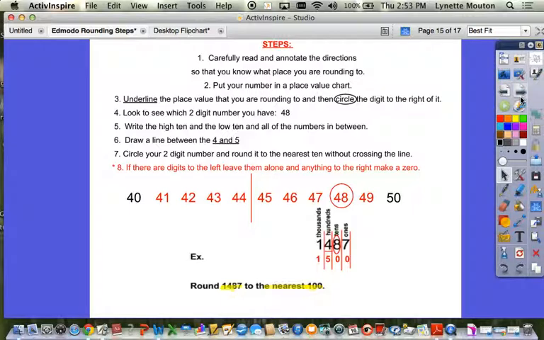So we rounded 1,487 to the nearest 100, and it became 1,500, okay? Here's the other thing that you need to look at. The last digit in your number that's an actual number is going to be the place that you rounded to. Very good. Everything else to the right should be a 0. So I can tell where I rounded to because it's the last digit that appears there. And that's it, ladies and gentlemen. Those are your rounding steps.